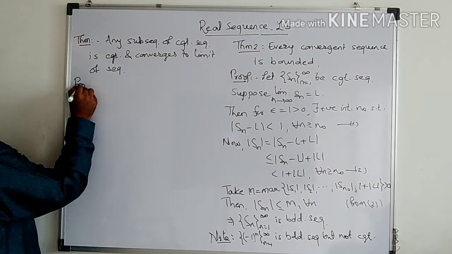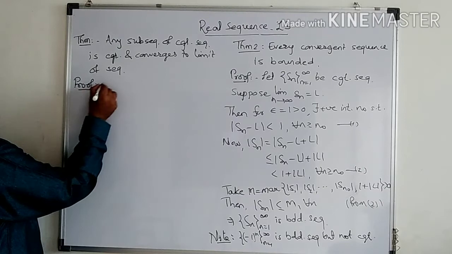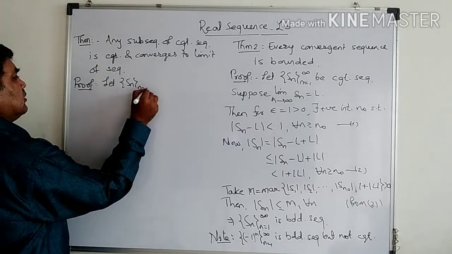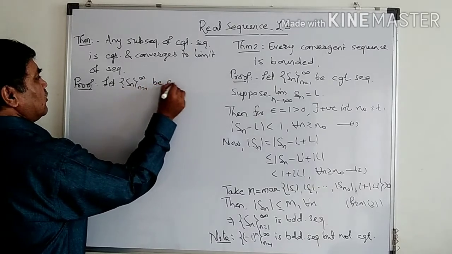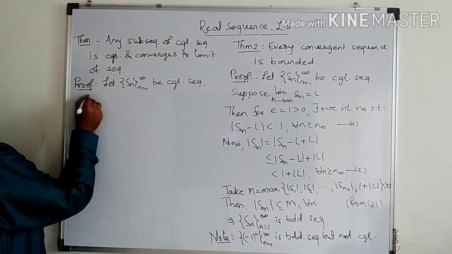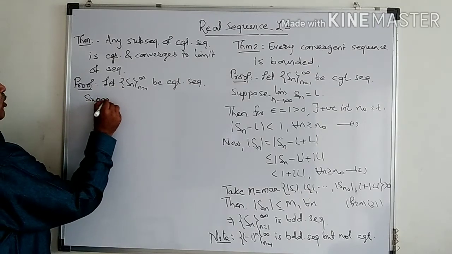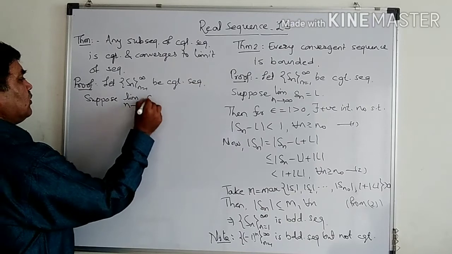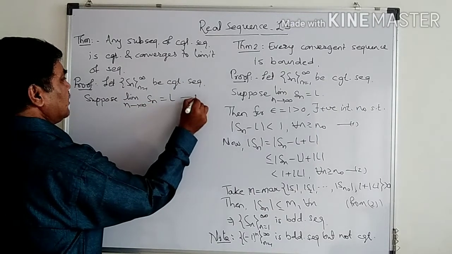Proof. Let Sn be a convergent real sequence. Suppose it has some limit: limit of Sn is equal to L. We'll call this 1.